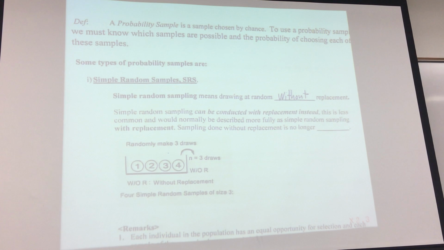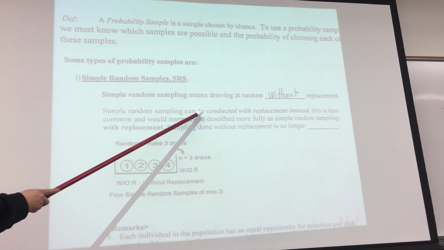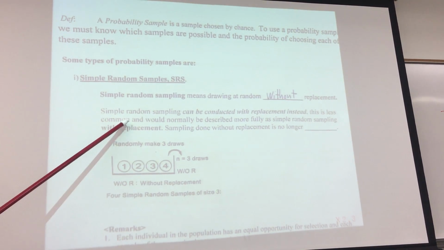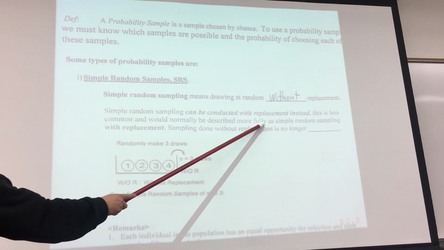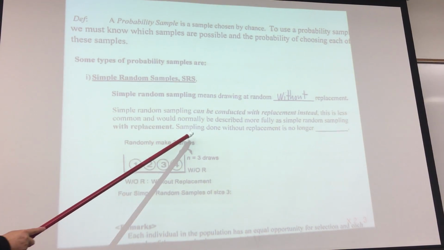A simple random sample can be conducted with replacement instead. This is less common and would normally be described more fully as simple random sampling with replacement, okay?